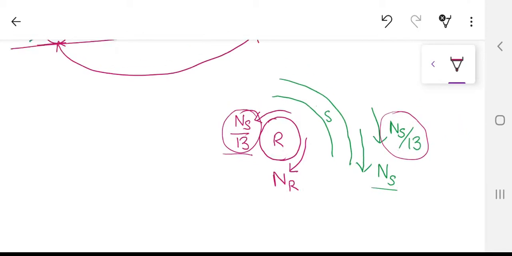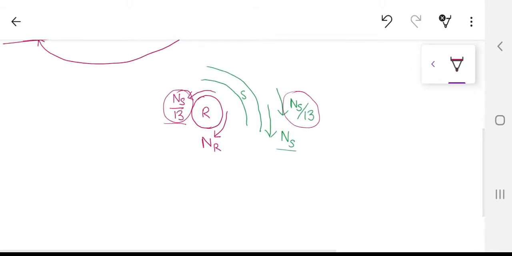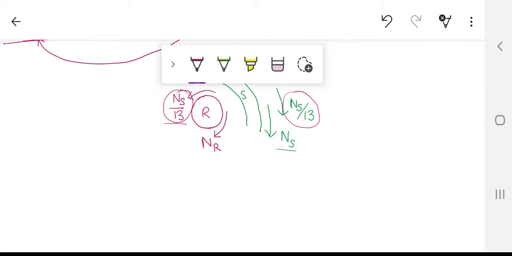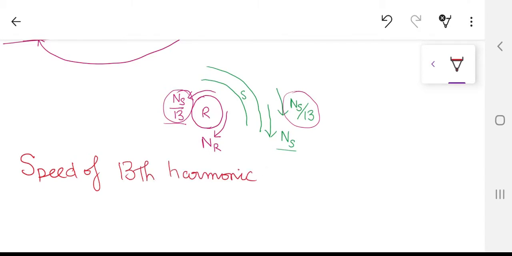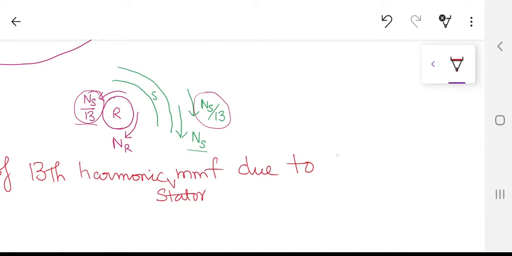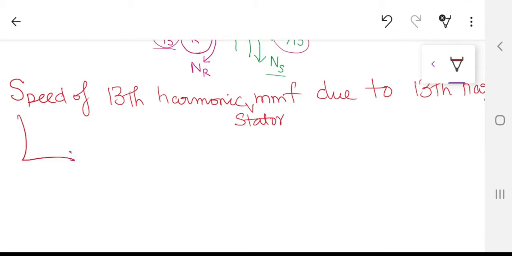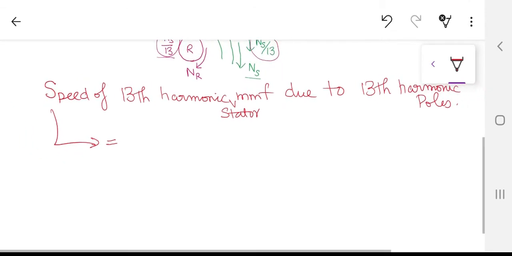But before that, let me write down some equations. If I talk from the stator point of view first, the speed of the 13th harmonic MMF due to the 13th harmonic poles is going to be equal to, very simple, because this is the stator, it has nothing fancy.